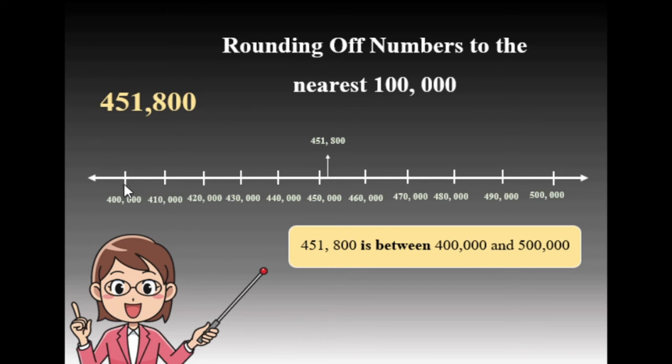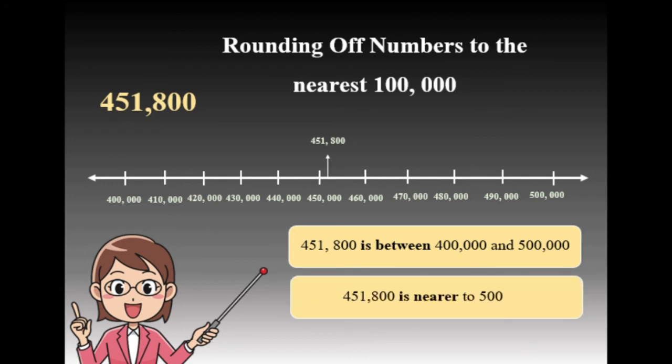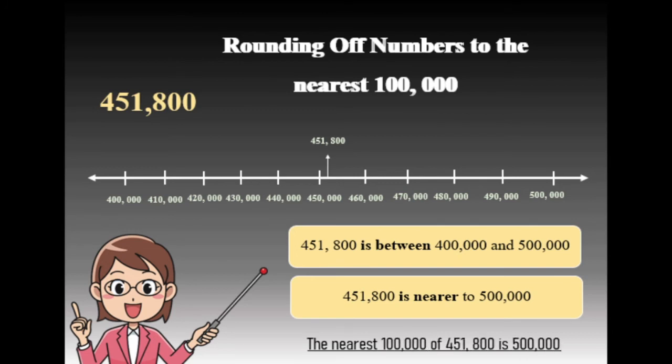Let's count the number lines. 1, 2, 3, 4, 5, 6. And from 500,000, 1, 2, 3, 4, 5. So what number is it nearer? It's nearer to 500,000. Therefore, the nearest 100,000 of 451,800 is 500,000.